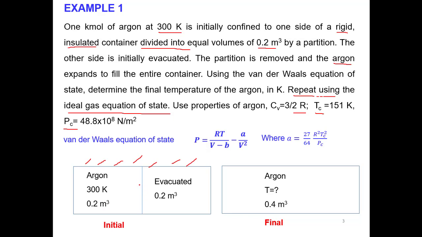Now if we remove this partition, then obviously the argon gas will expand to the whole container. Now the new volume is 0.4 cubic meter. The question is, try to calculate the temperature of the argon in this final state, by considering the argon gas with the van der Waals equation of state, apply that, and then repeat the problem by using the ideal gas equation of state.